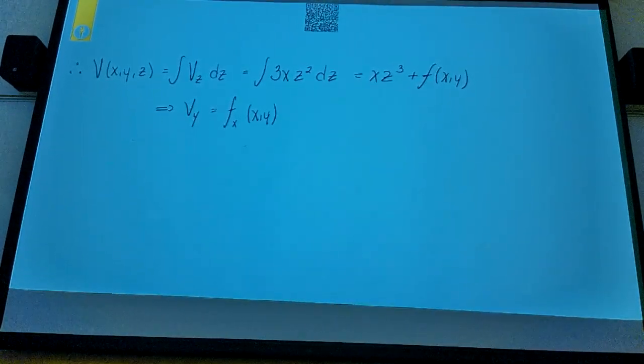Take its partial with respect to y. Just doing x for some reason. We know that has to be equal to x squared.